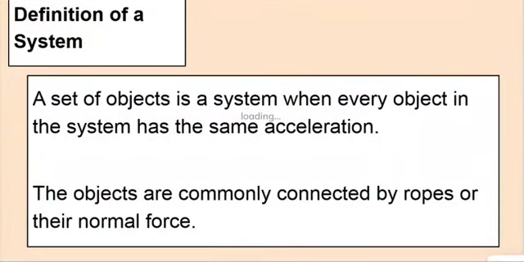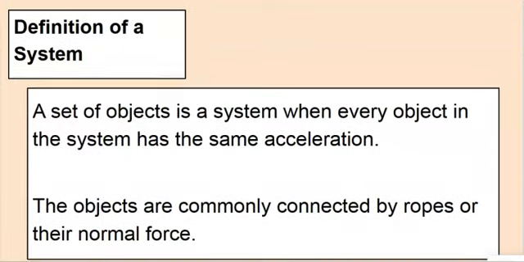Okay, so you don't need to write this down. I just want you to think about what I mean when I say it's a system. A set of objects is a system when every object in the system has the same acceleration. They're going to be forced to accelerate at the same rate because they're connected by ropes or internal normal forces, which are a little tricky, but you will get practice with that and we'll see some real-world demos.